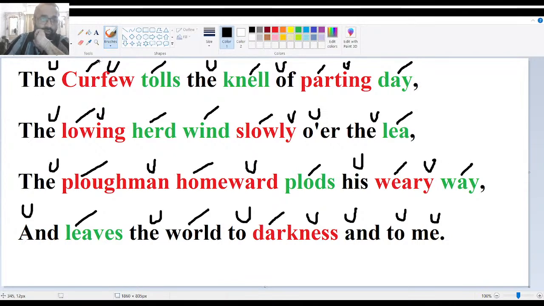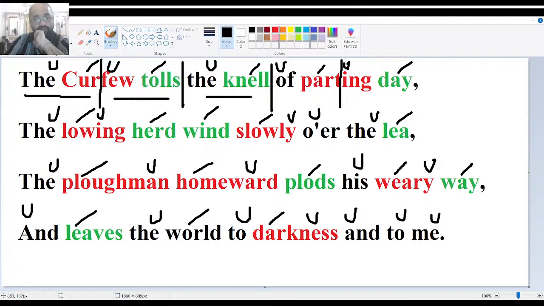All you have to do is draw a vertical line like this, and do it in such a way that you have iambs only. So how many divisions do you get?